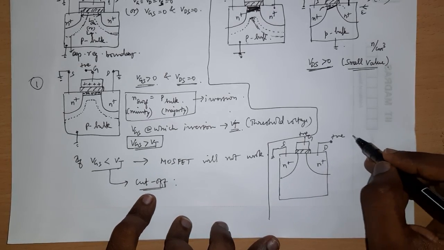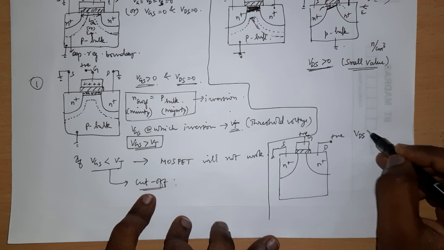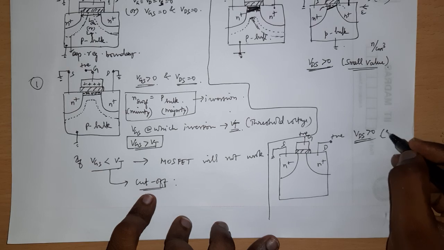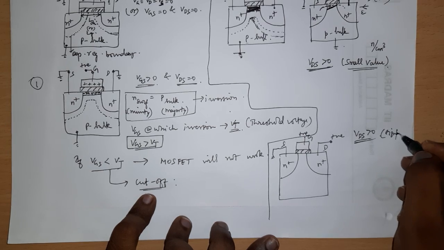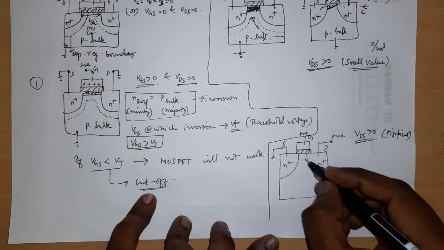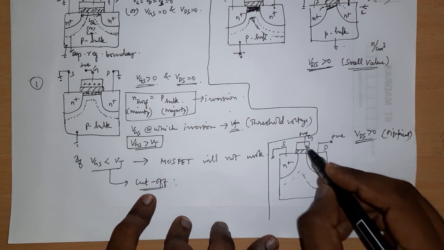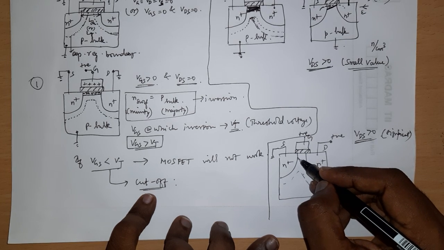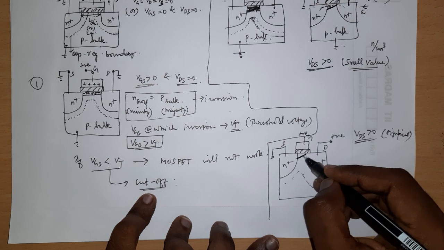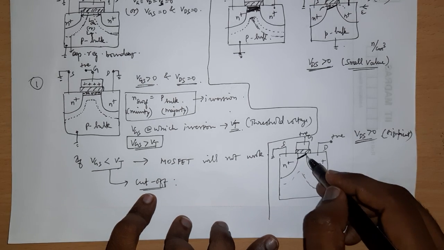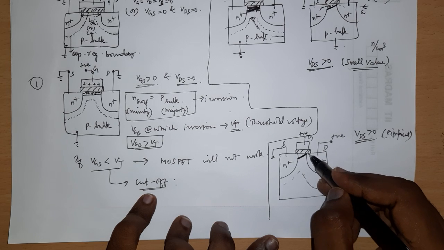Now say that this VDS is greater than 0, but not necessarily a small value. It's a significant value, let's say. So what happens? We know that the depletion region will keep on increasing, like this. So eventually you will attain a state where your channel is almost pinched off at the end of the drain region.